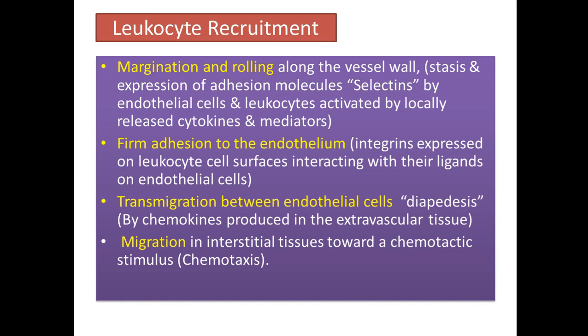So leukocyte recruitment, briefly, is margination and rolling along the blood vessel wall, which is caused by the selectins, firm attachment which is caused by the integrins, and then movement of the leukocytes through diapedesis, amoeboid movement, and this will cause the leukocytes to leave the blood and go into the extravascular tissue.